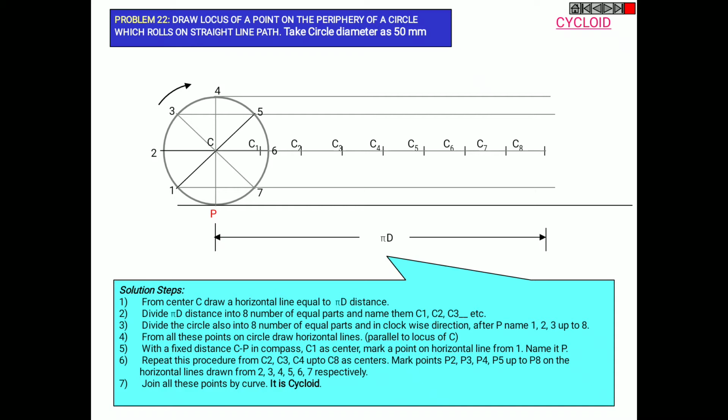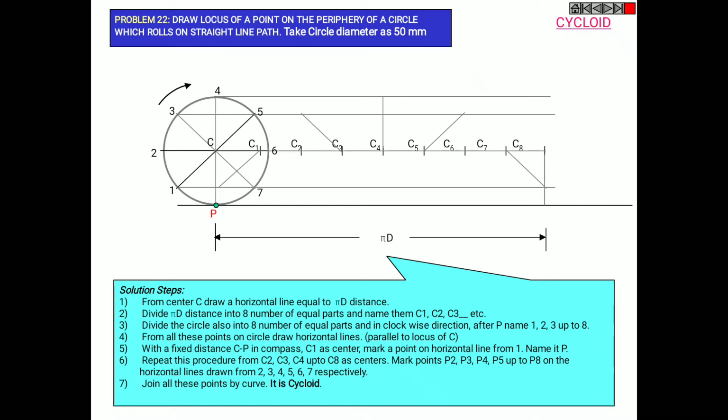So cut the arcs from C1 on the horizontal line 1, C2 on the line 2, C3 on the line 3 and so on to C8 on the line P. Now mark all the points of the intersections.